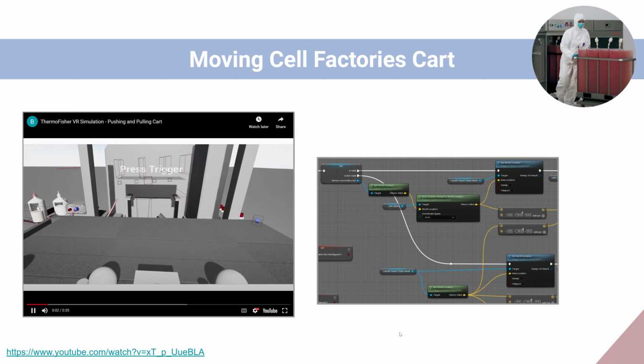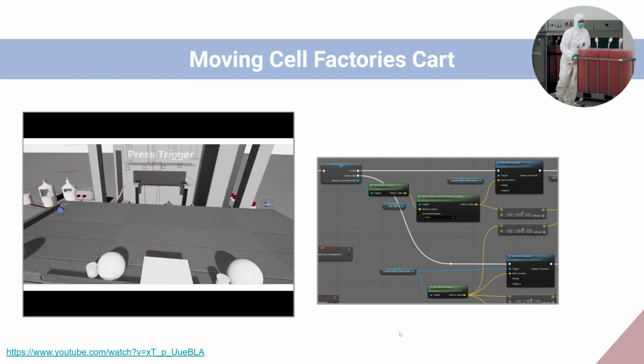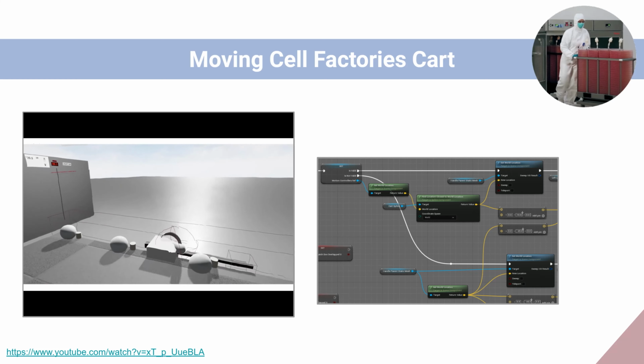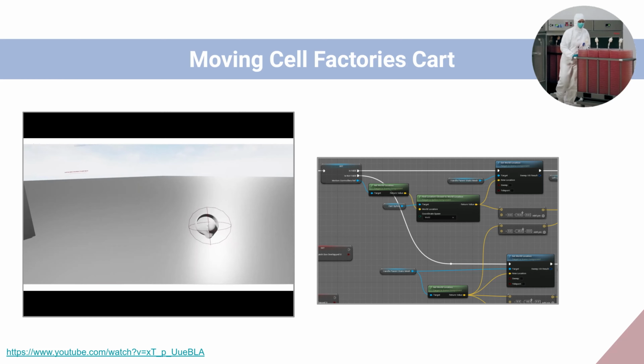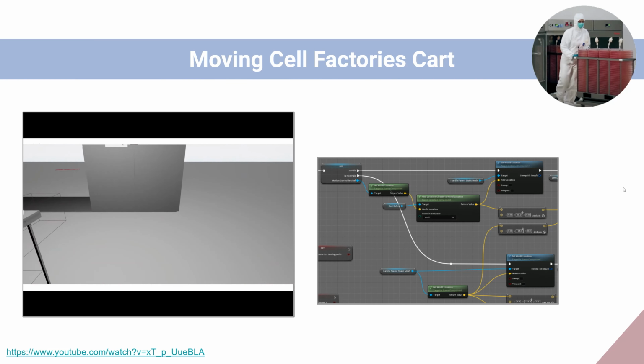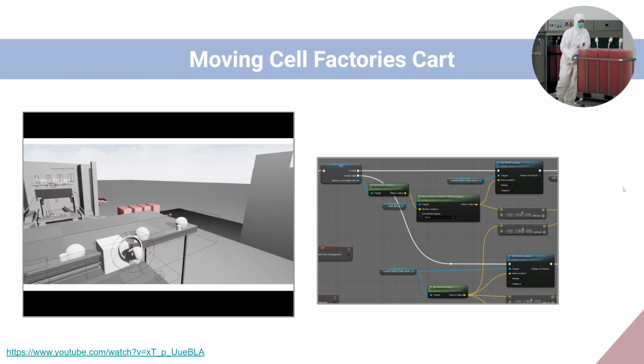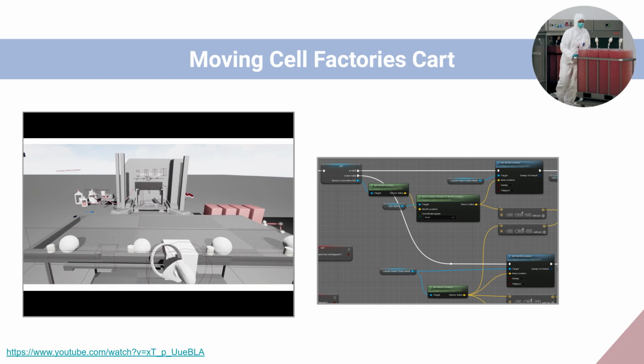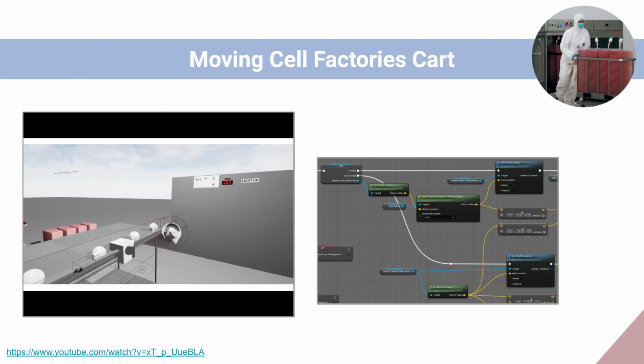And here is moving the cart back and forth using a spline and the find location closest to world location node. It is also switching back and forth from the spline on the incubator and the spline on the manipulator.